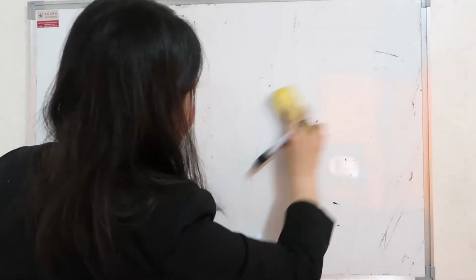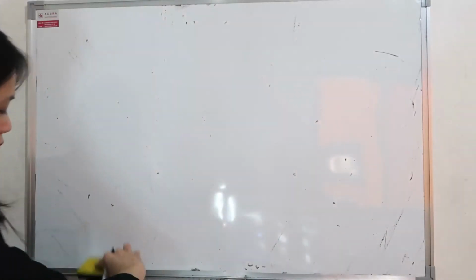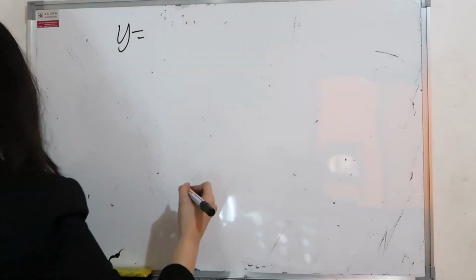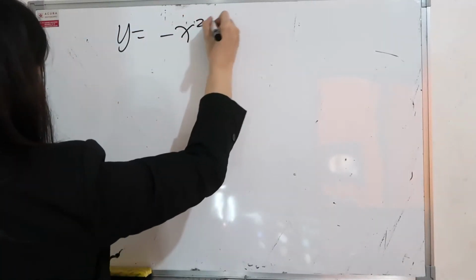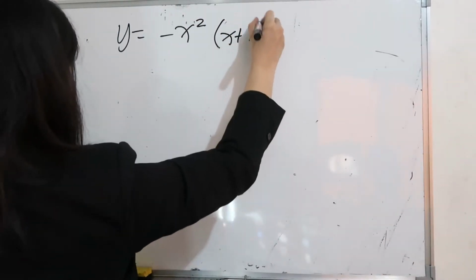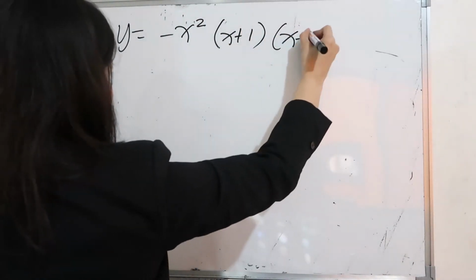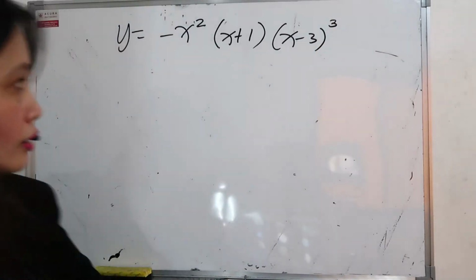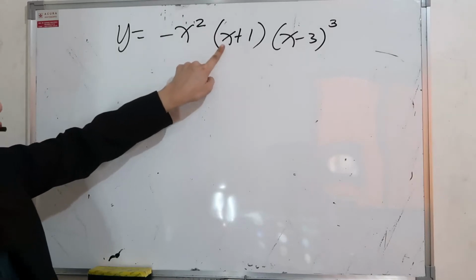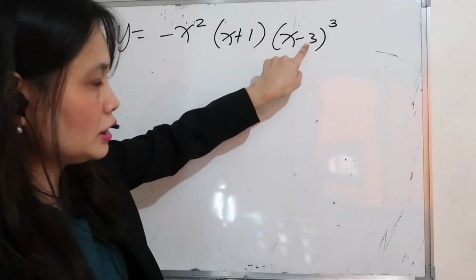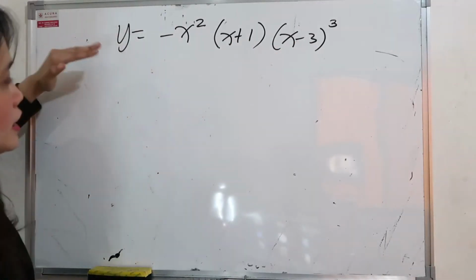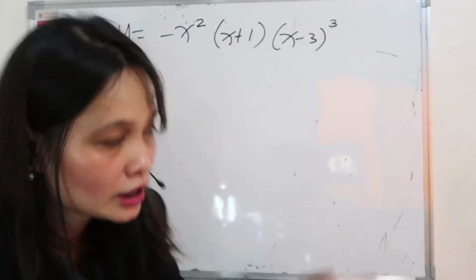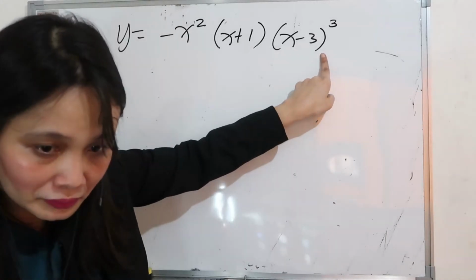Okay, another example. Let's say the given is y equals negative x squared, x plus 1, x minus 3. If you have noticed, the given function is written as factors.